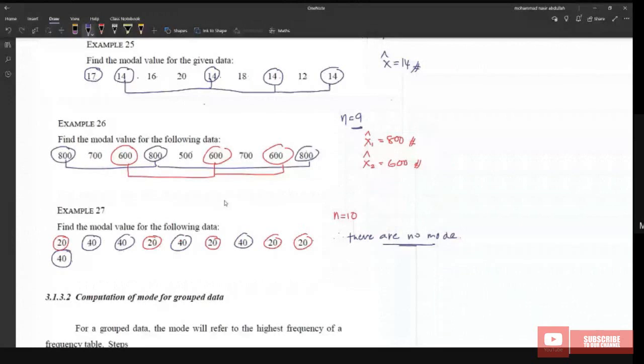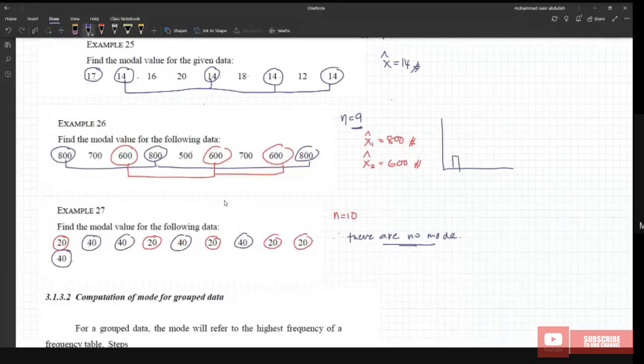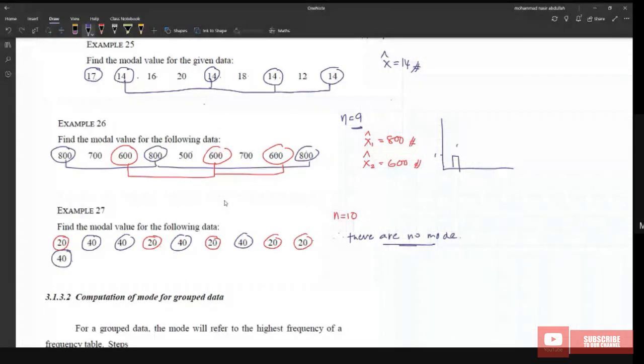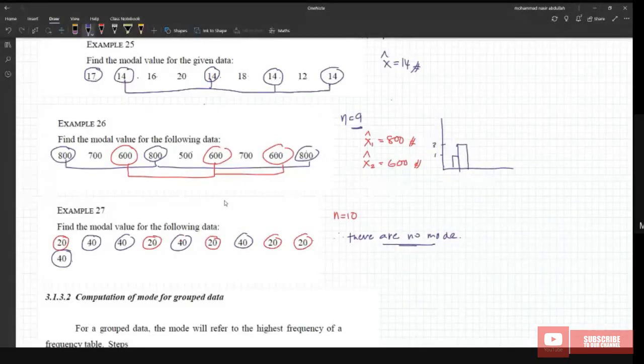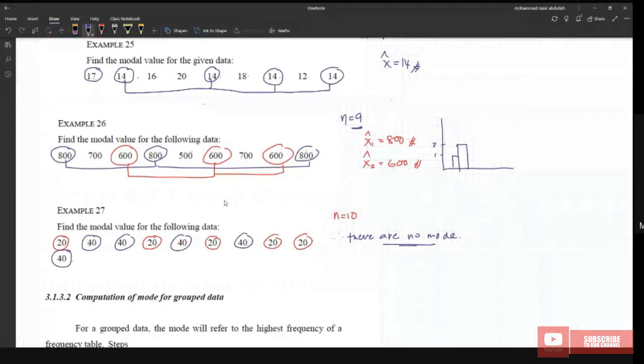If you can draw, for example number 26, a brief histogram, you can see 500 appears 1 time, so let's say this is 1. And 600 appears 3 times, so let's put 3 here. And then 700 appears 2 times, 2 here.